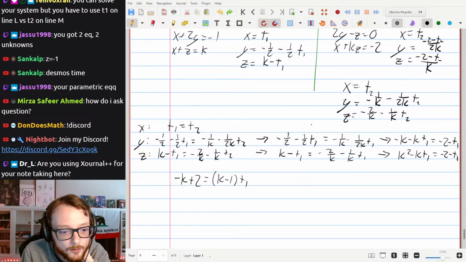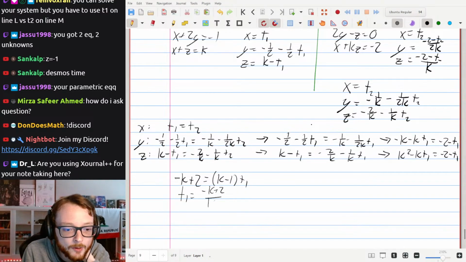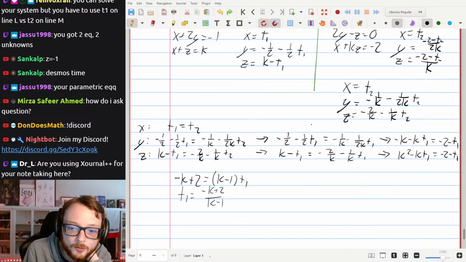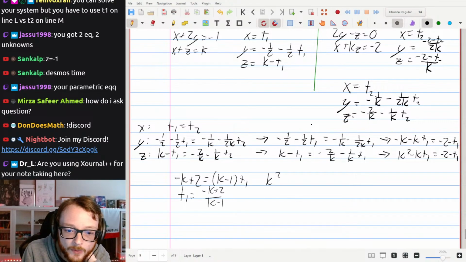Okay. So t1 is minus k plus 2 over k minus 1. Plug it into the second equation. k squared minus k plus 2 over k minus 1 minus 2 minus k plus 2 over k minus 1. Okay. Well, this is a cubic, and that makes me feel bad.